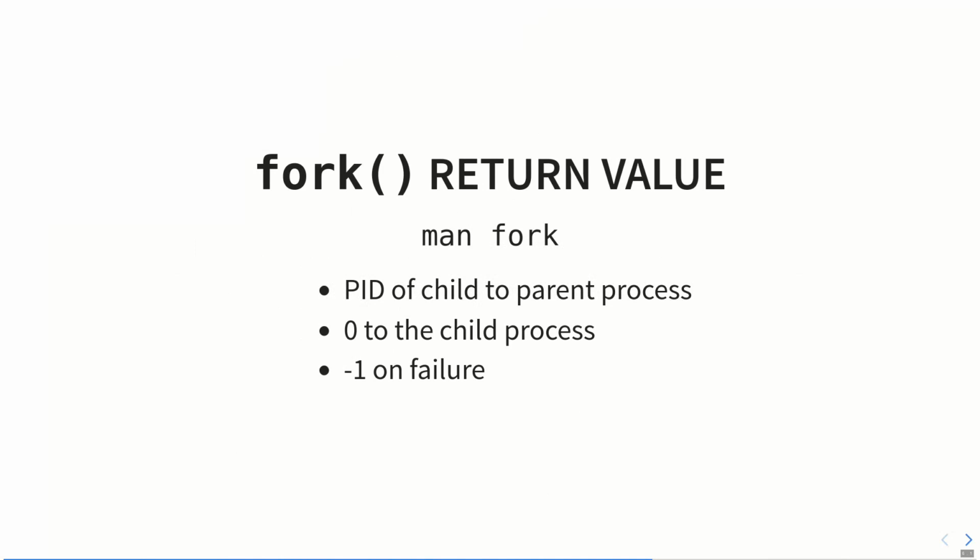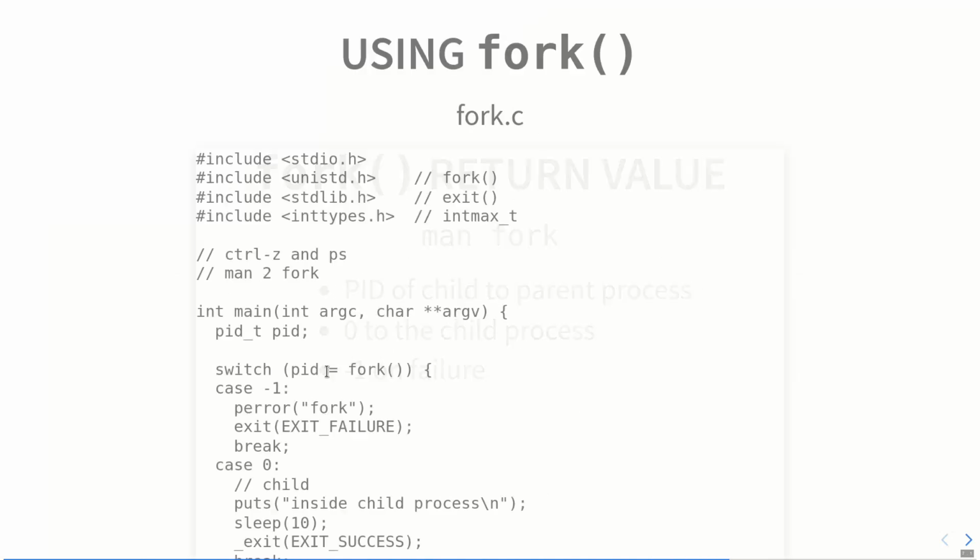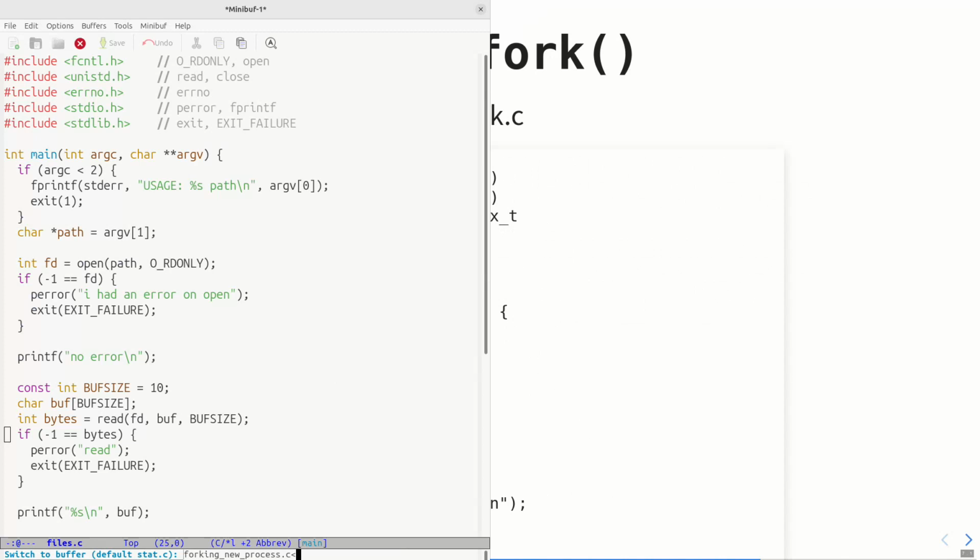So the fork syscall returns two different values depending on whether you're the parent or the child. If you're the parent, the process ID of the child is returned. If you're the child, 0 is returned, and then of course -1 if fork fails. So that's the main trick. So let me get into actually coding this.